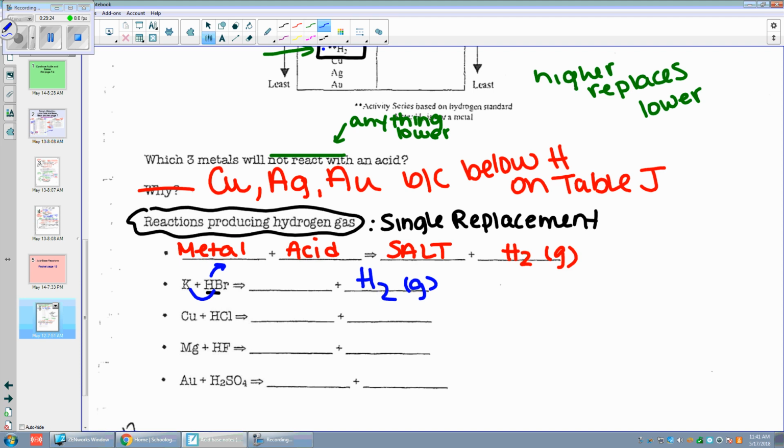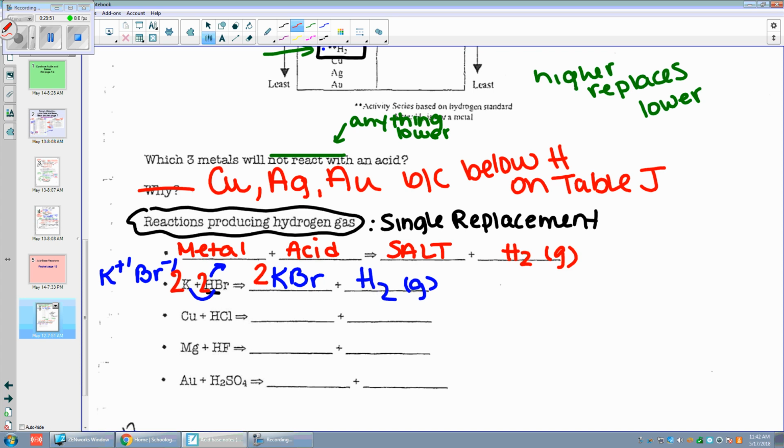So now I got KBr. K is +1, Br is -1. You crisscross, you get KBr. You now just want to make sure that you are balanced. This is not balanced. There are 2 H's here, there's only 1, so put a 2 in front of that H. That means I now have 2 Brs, so I gotta go here, which means I gotta put a 2 here.